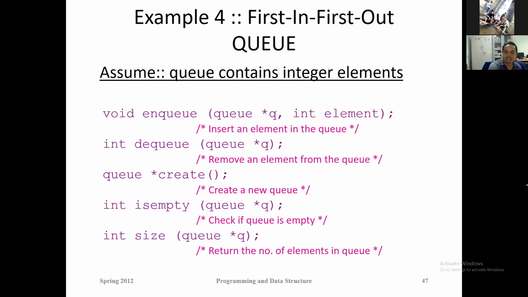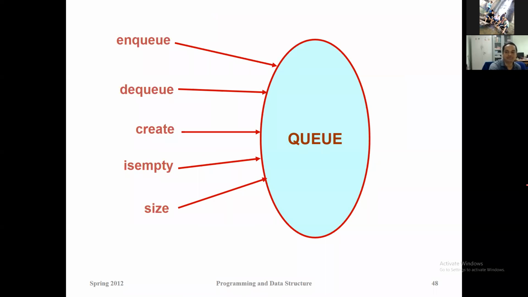Sometimes there is a need to check how many elements are there in the queue, so size returns the number of elements in the queue. So these are the basic operations performed in queue implementations: enqueue, dequeue, create, isEmpty, size. Enqueue will take a new element to be inserted.